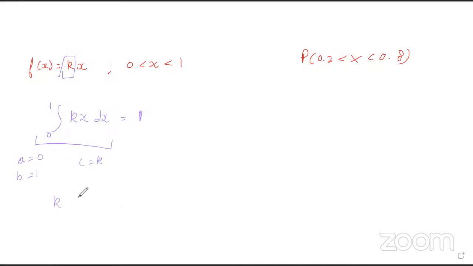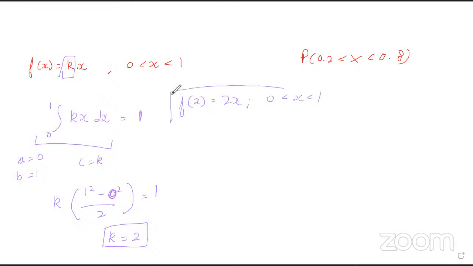Plugging in, you get k times (1 squared minus 0 squared) divided by 2, equal to 1. So we obtain k equals 2. In general, our PDF is 2 times x, where x lies between 0 and 1. Clear till this step, everyone? Or any doubt?